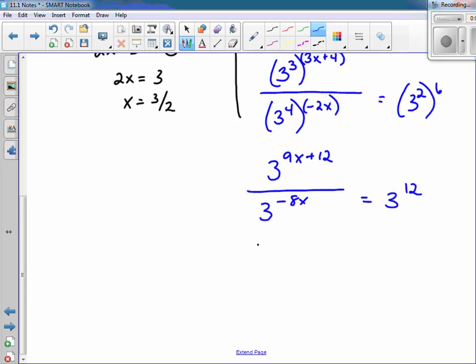All right. Now we're dividing, we subtract the exponent. So I have 9x minus negative 8x. That's a double negative. So that's 17x plus 12 equals 3 to the 12th power. Well, now the bases are the same, so it's a basic algebra problem.